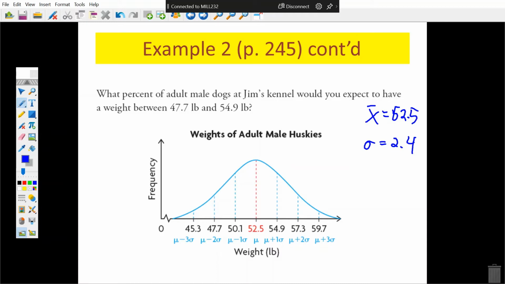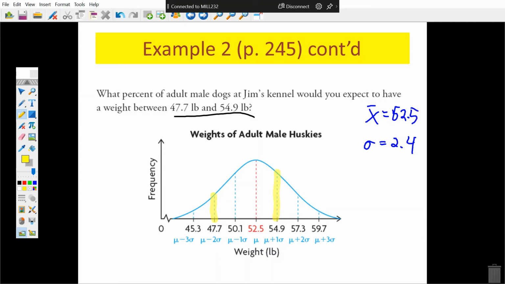So here's the type of question you could get on an exam. It says, what percent of adult male dogs would you expect to have a weight between 47.7 and 54.9? Okay? So 47.7 is here, and 54.9 is here.